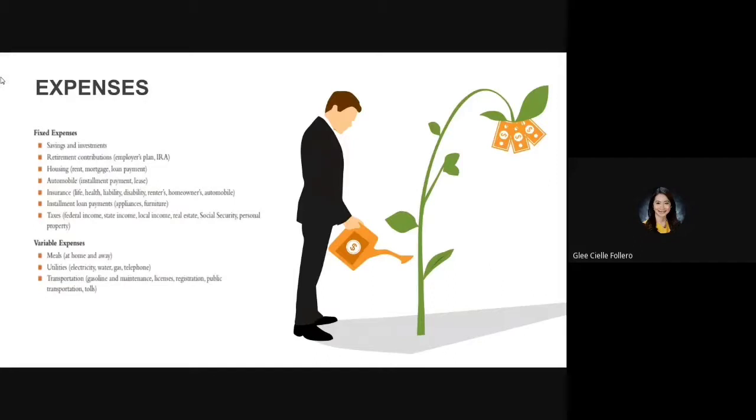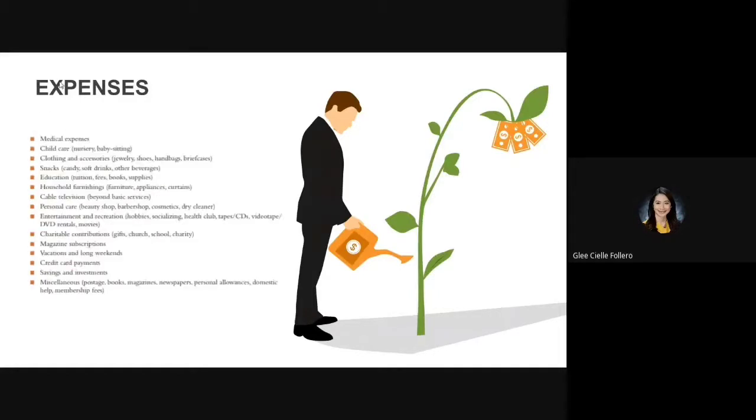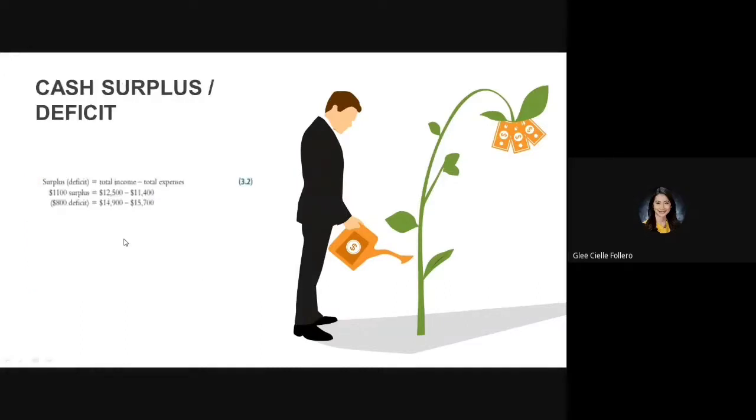Hindi siya fixed monthly. Depends on your consumption. Transportation is also an example of variable expenses. Yung mga gasoline, yung rate, di ba, nag-iiba siya monthly. Public transportation, okay. Madami pang mga expenses such as medical expenses, cable, television, charitable contribution. These are examples of variable expenses.